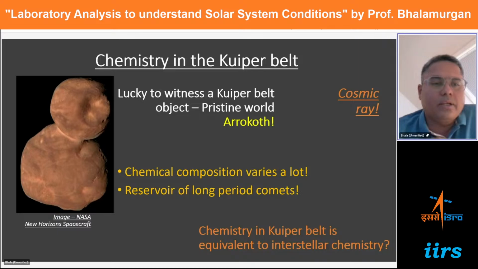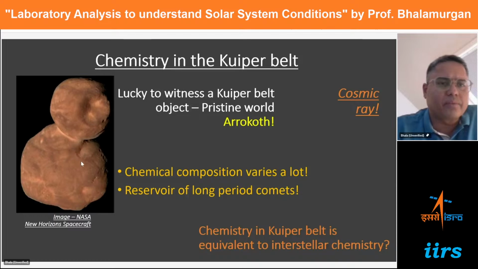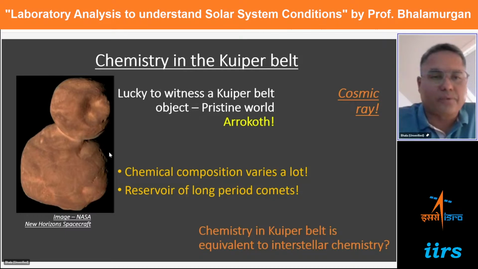And you're all lucky. In your lifetime, you are able to see one of the distant objects in the solar system. The image on the left is from New Horizons. It's called Ultima Thule, or the other name was Arrokoth. They found that pristine objects in the solar system do exist, but in ice form.